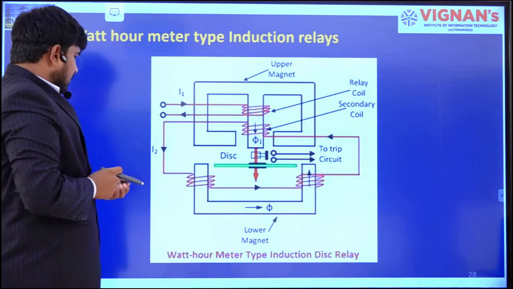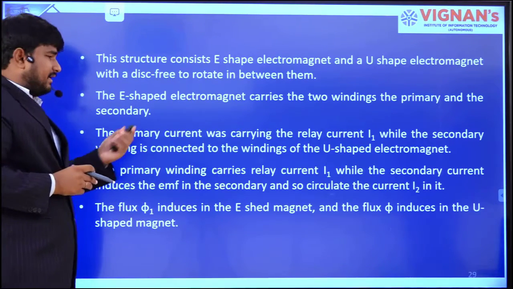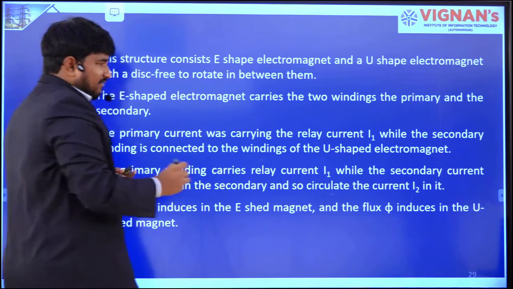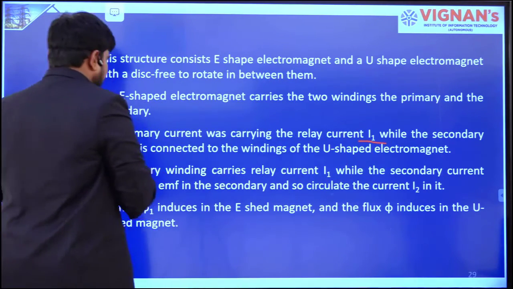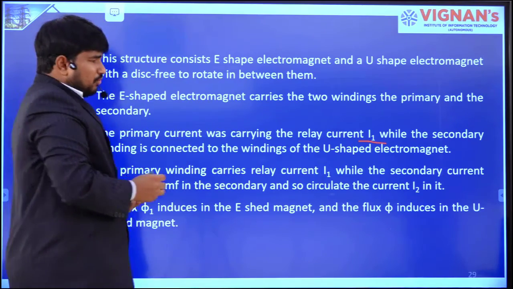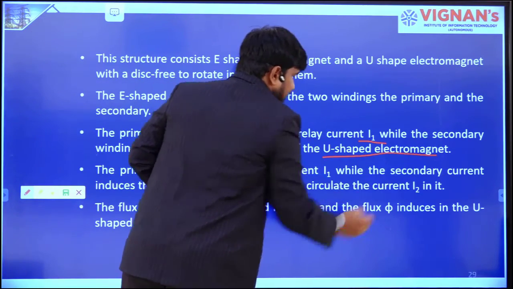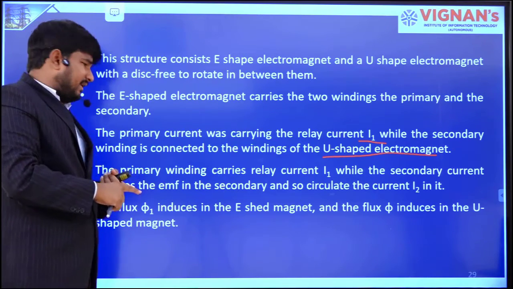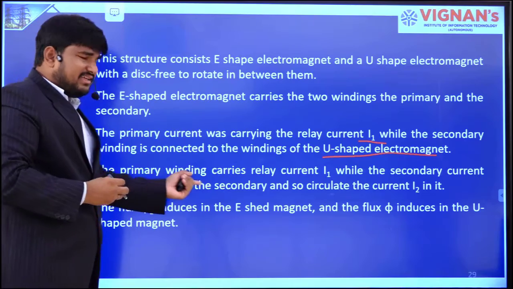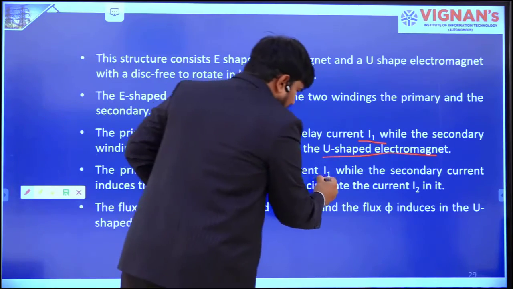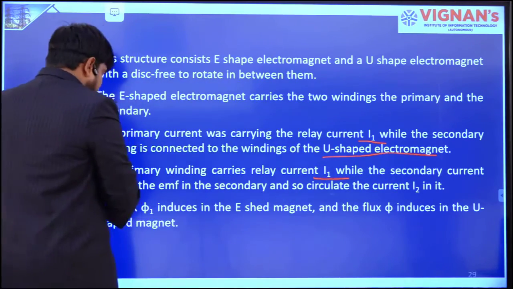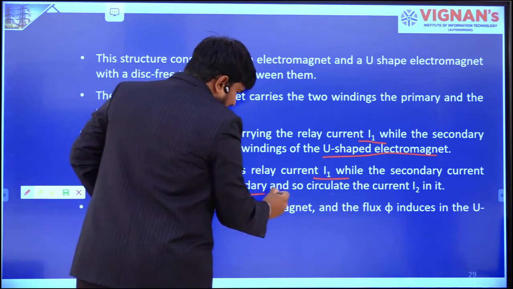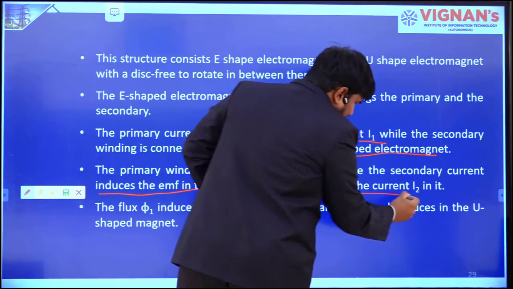Similarly, the disc is helped to rotate, and the primary winding carries the relay current, that is I1, while the secondary winding is connected to the U-shaped electromagnet. The primary winding carries the relay current I1, while it induces the EMF in the secondary, and so the current I2 circulates in it.